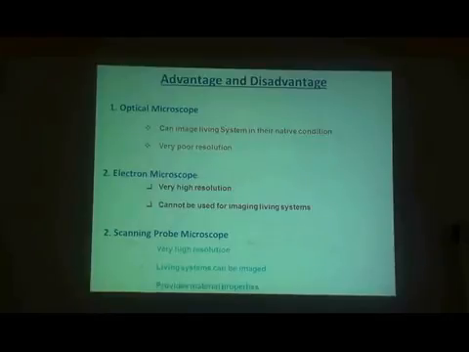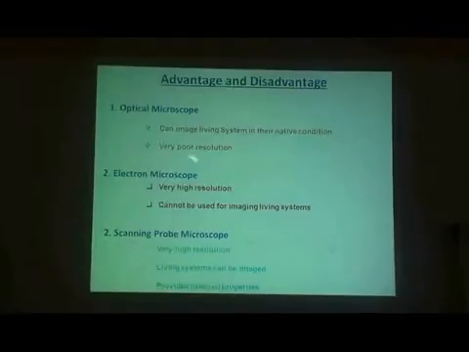But even if you are able to use such a light, you will get a resolution of only around 200 nanometer, and that is only in the XY plane. If you go to the vertical z-axis, the resolution will be on the micrometer scale. But at present, with the help of fluorescence microscope, the diffraction limit has been broken, and that is why it was awarded the Nobel Prize this year.